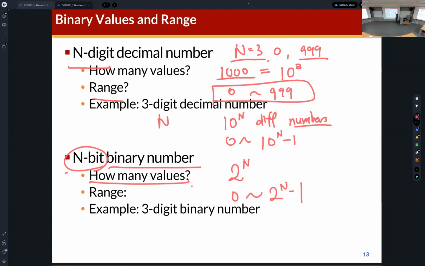Because the decimal number uses base 10, we can calculate the number of values and the range of the decimal number with base 10. And for the binary number, we can use base 2. So we can also calculate the number of different values and the range of binary numbers with base 2.